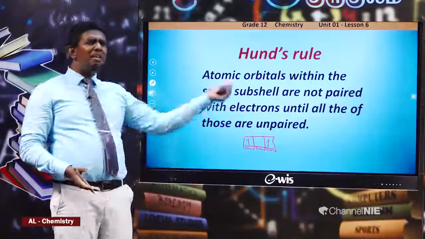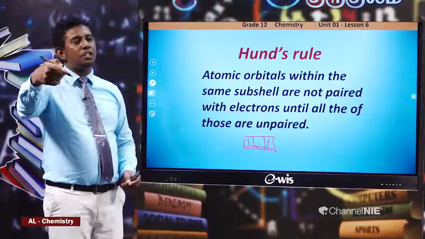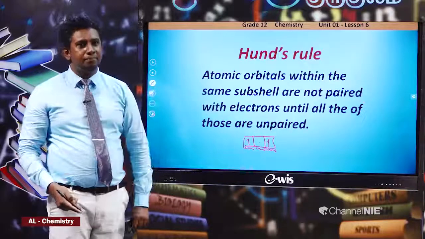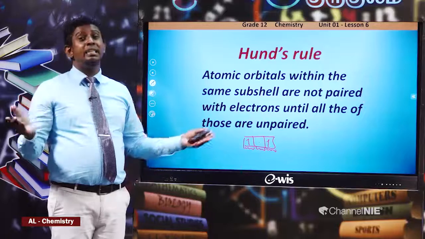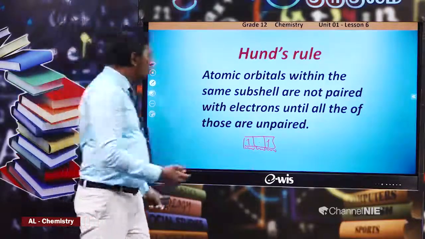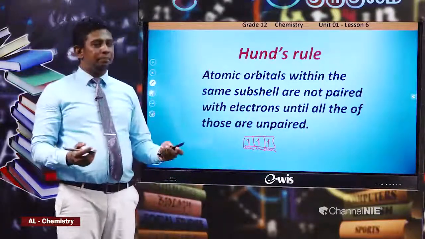Therefore you fill randomly, but make sure it happens in the same direction. Once you have filled one atomic orbital, whatever it is, you make sure the next is in the same direction. Students, the next electron you fill, you don't couple.